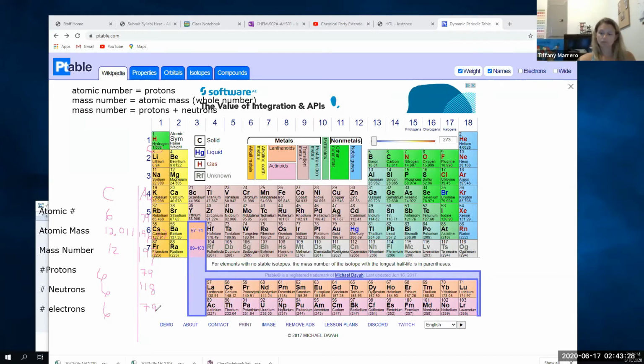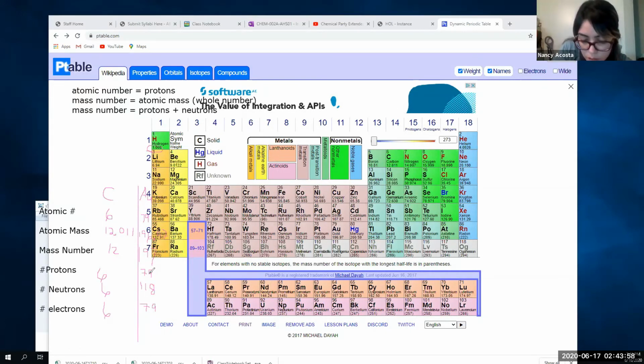She got the neutrons, 118, because she just added the numbers at the top right. That's one way of doing it, but some of your periodic tables don't give you all of that extra information. So what you can do is subtract the number of protons from your mass number.